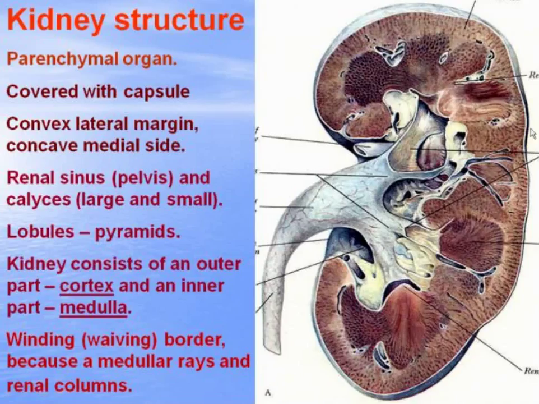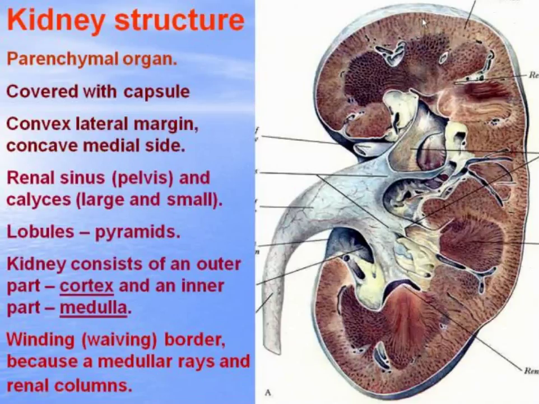The kidney is a parenchymal organ. It is covered by a connective tissue capsule, and connective tissue septa enter inside. The parenchyma is represented by epithelial tissue.